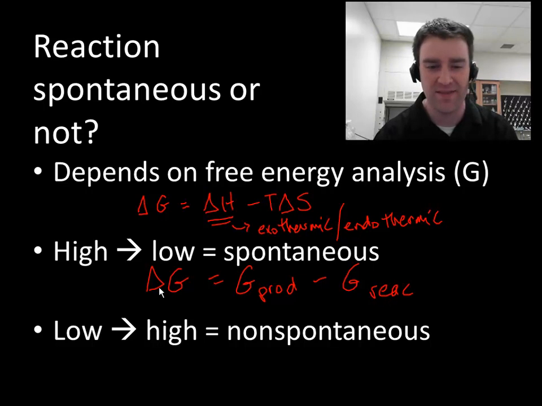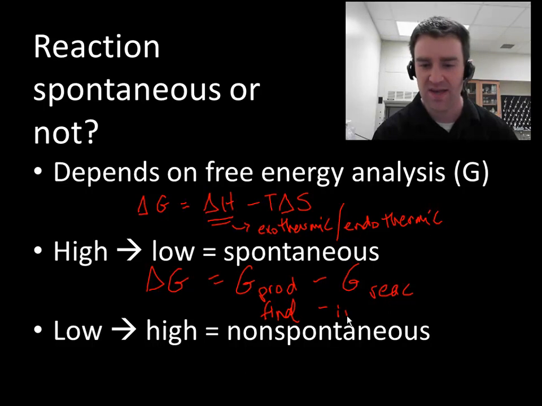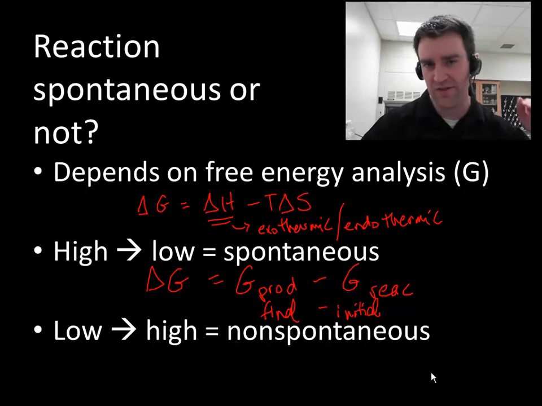You might remember that a delta is really a mathematical symbol for change in, and so that's why we want to do final minus initial, or the products minus the reactants. So if we can broadly know what the energy level of the product chemicals is and the energy level of the initial reactants, then we can compare their energies.